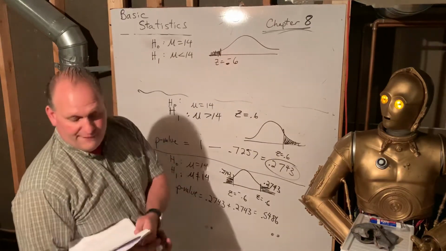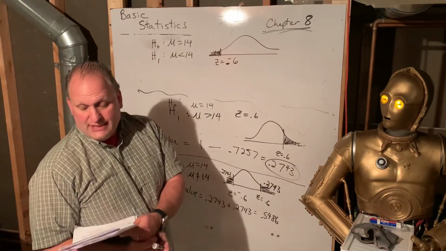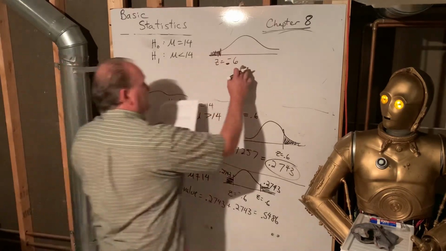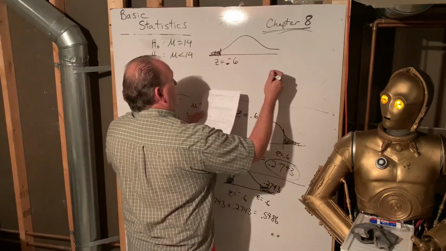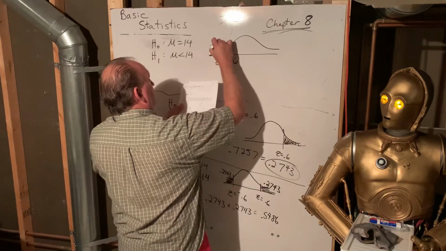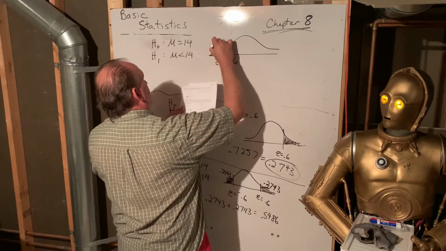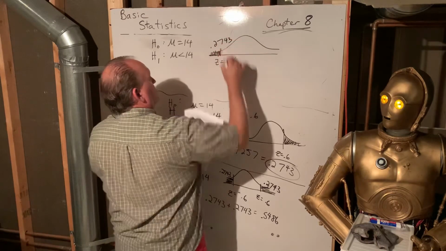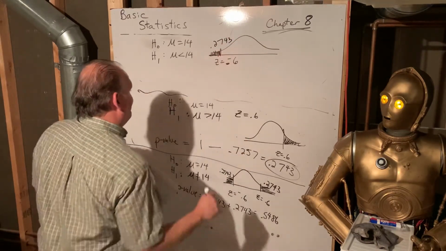And so if it were 0.6, then below that would be 0.2743.